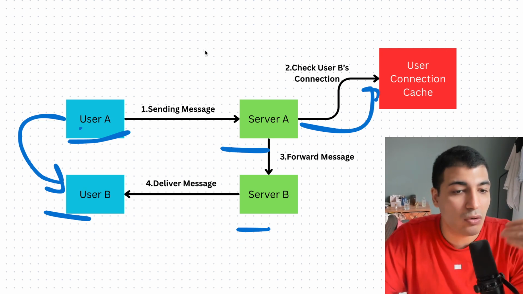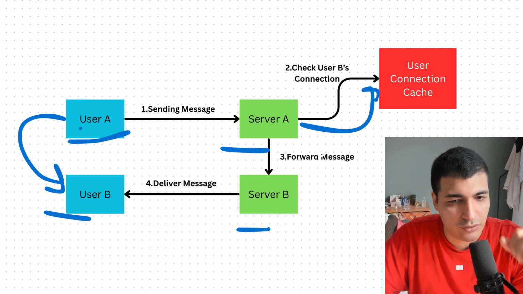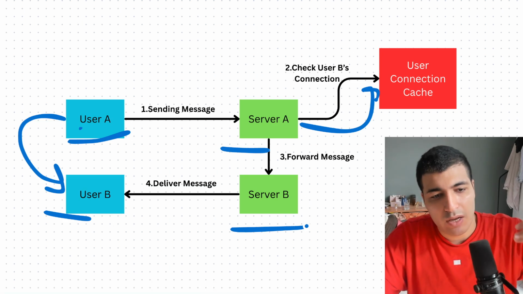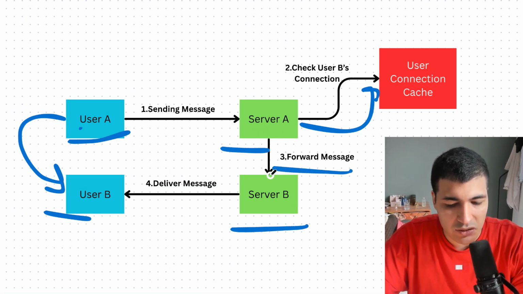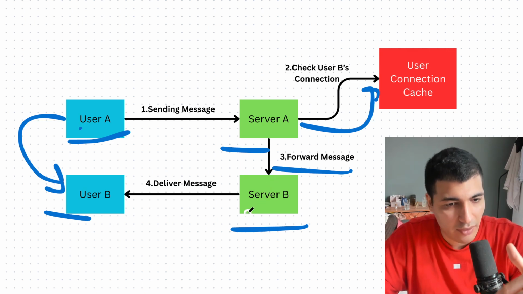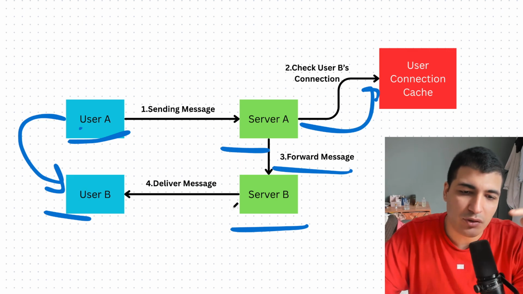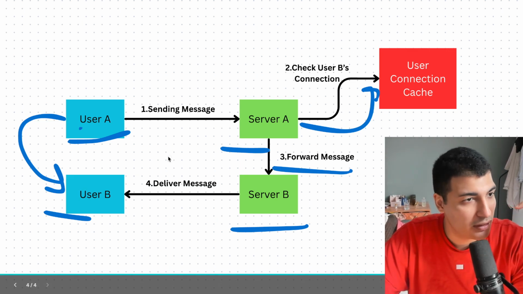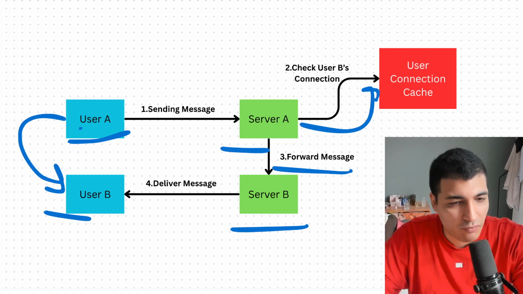If user B is online, the cache will show that user B is connected to server B, and server A will forward the message to server B. Server B will instantly push the message to user B via their WebSocket connection, as you can see here, and it's done. But what if user B is offline?